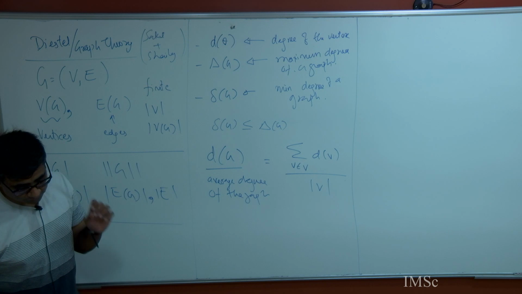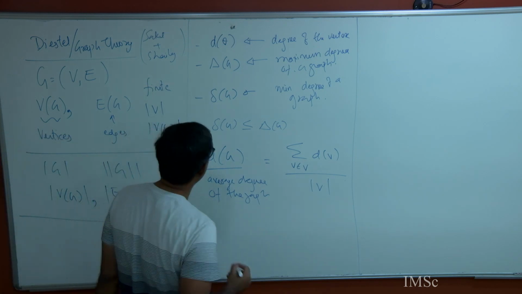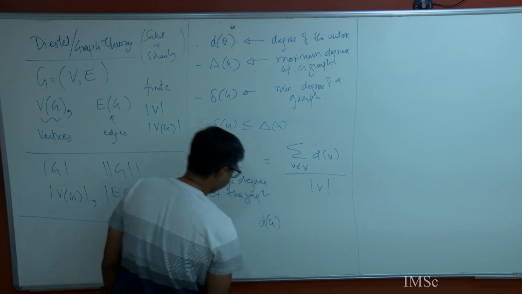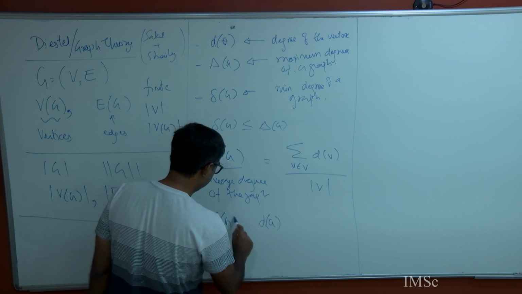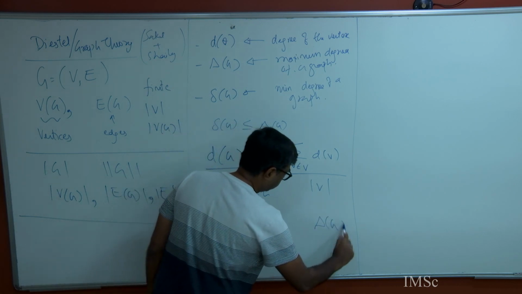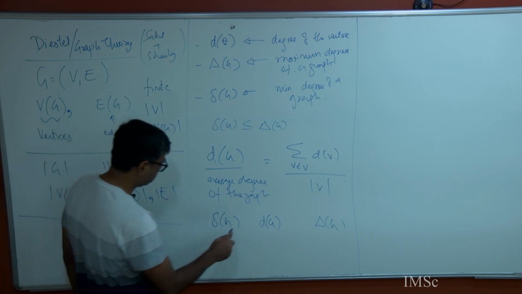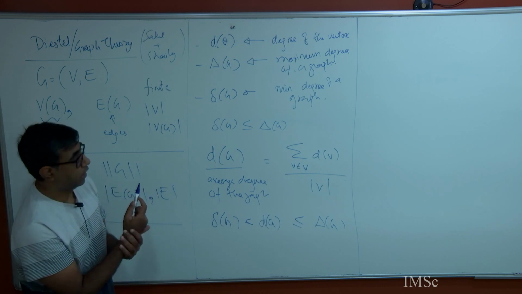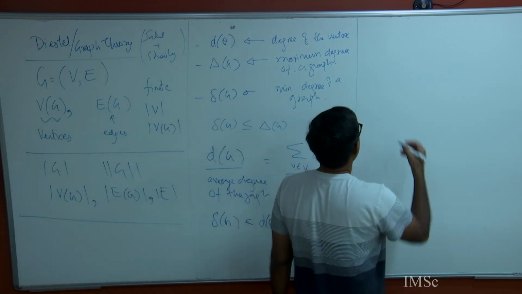So that's your average degree of the graph. Okay. So what do you think the relation should be between the average degree of a graph, the minimum degree of a graph, and the maximum degree of a graph? So this is the inequality which holds. Okay. Now, all of you know the handshaking lemma, right?